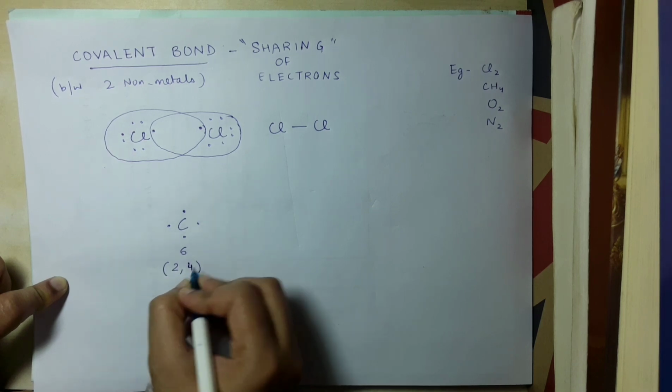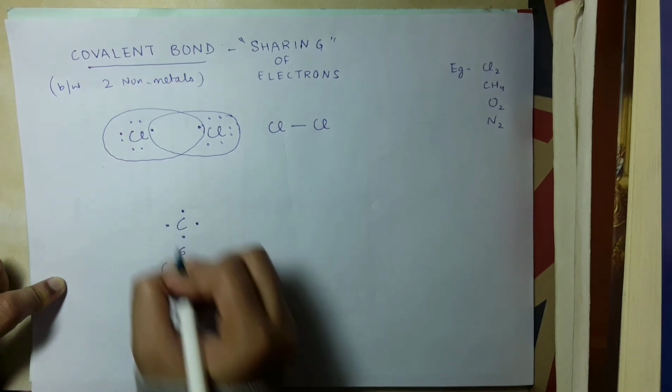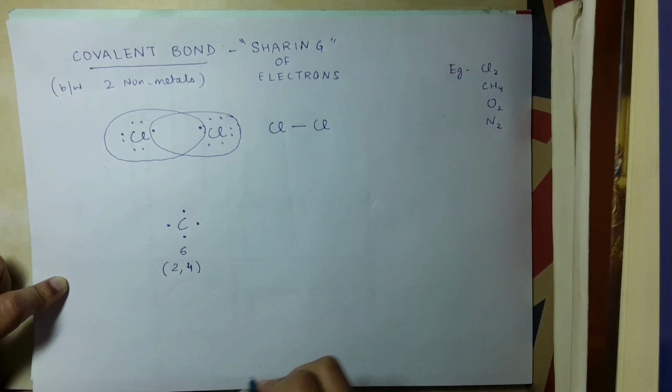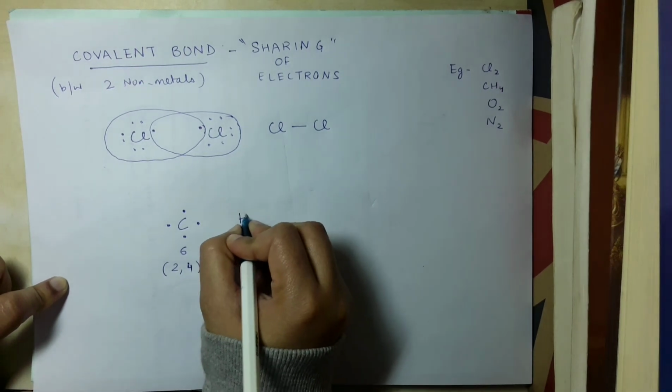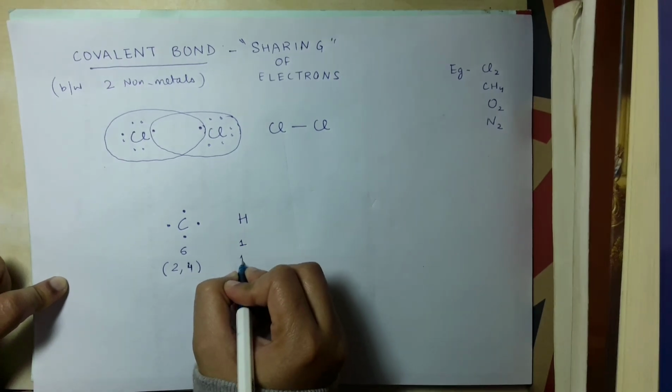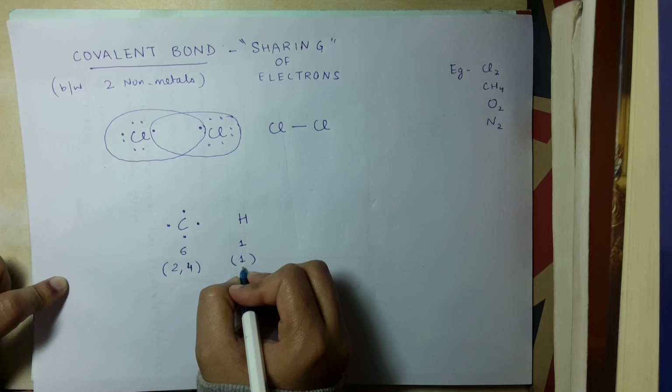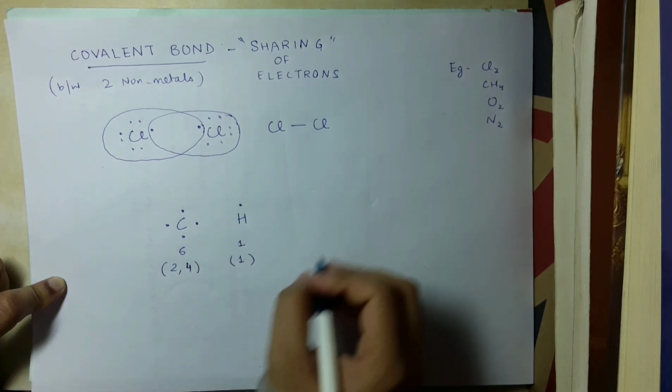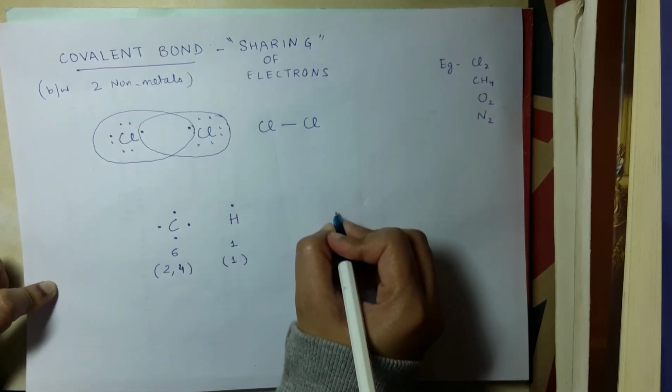So the last shell has 4 electrons. I've just denoted these 4 electrons like this. Similarly, if you think of H, its atomic number is just 1. So just the K shell which has 1 electron. So it is like this. Now what C is going to do is, C has 4 electrons.